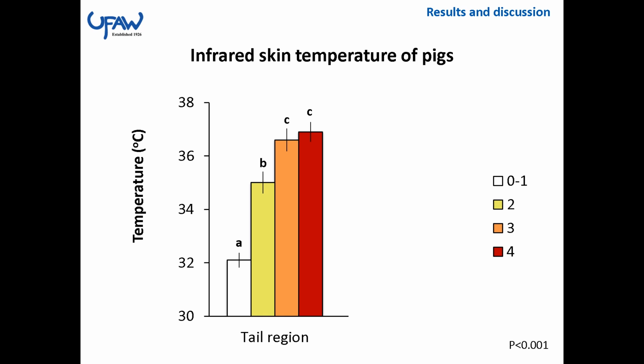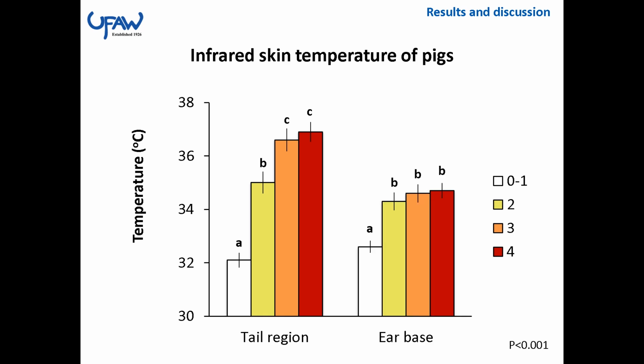Pigs with tail lesion scored 2 had significantly lower skin temperature at the base of the tail than pigs with tail lesions scored 3 and 4, while there was no difference in the skin temperature at the base of the tail between pigs with tail lesions scored 3 and 4.